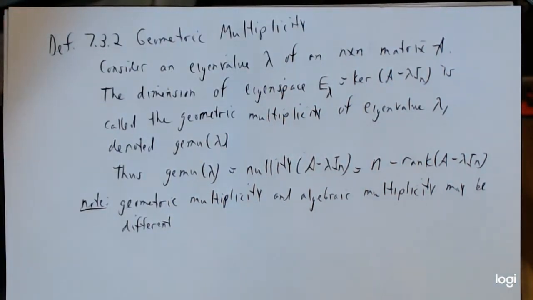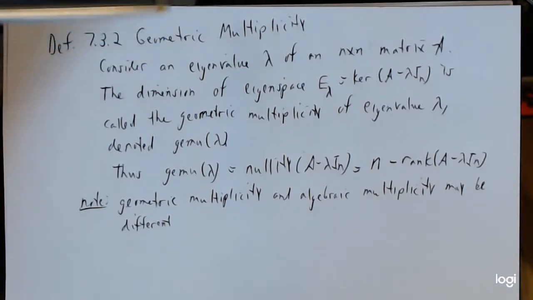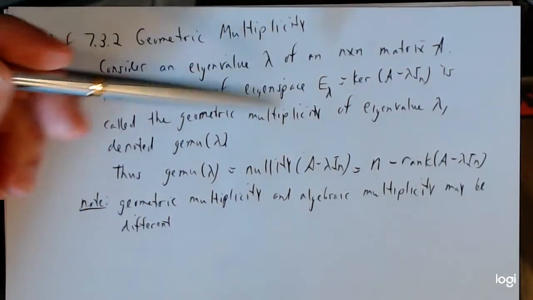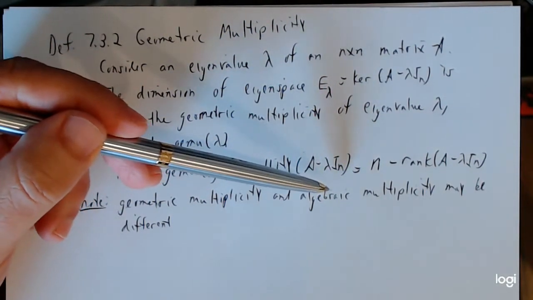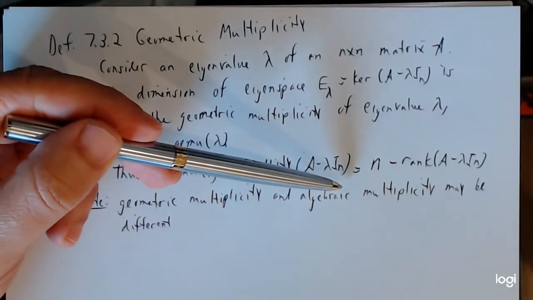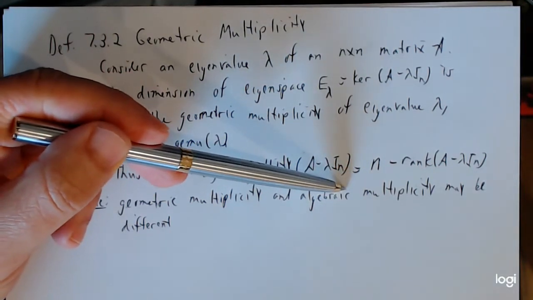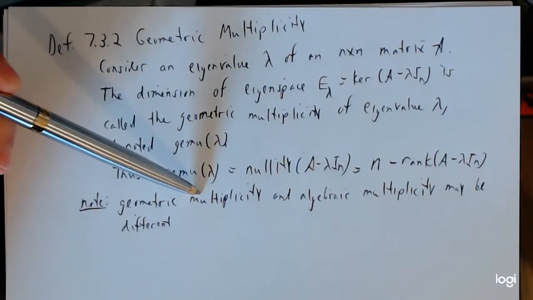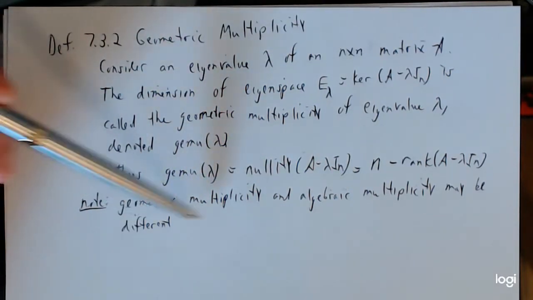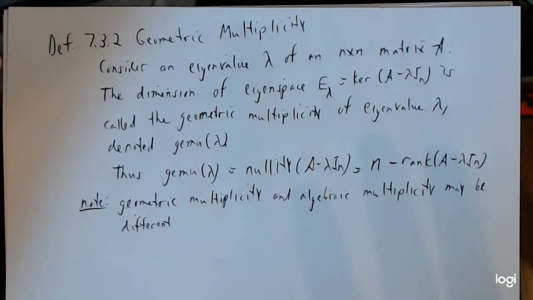And if you think about it, it makes sense, because the algebraic multiplicity is literally giving you the count of each eigenvalue, where the geometric multiplicity is literally the dimension of our kernel. So there are two different things, right?